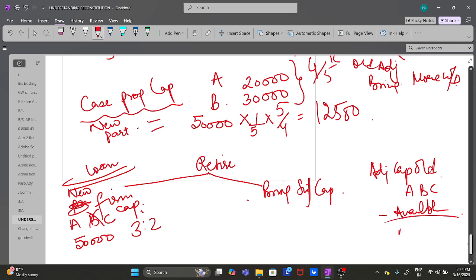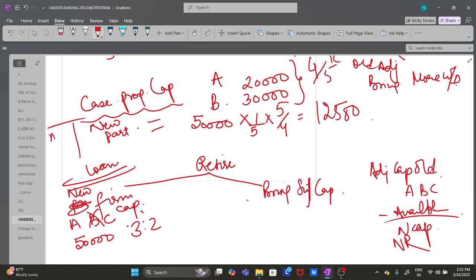And that will give you the new capital. Divide that new capital in the new ratio, and the difference they will bring in cash. Clear? Here they can give new capital same as old capital, what is given in the balance sheet, or other conditions could be given. Like in the old balance sheet of A, B, C, 60,000 was there as capital, they want to continue the same.